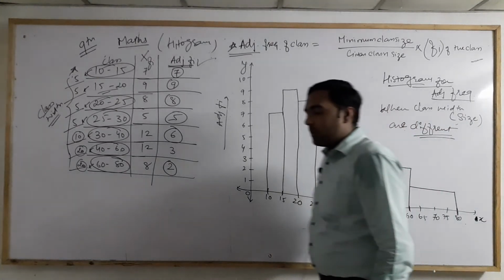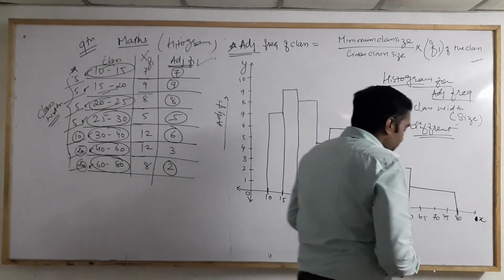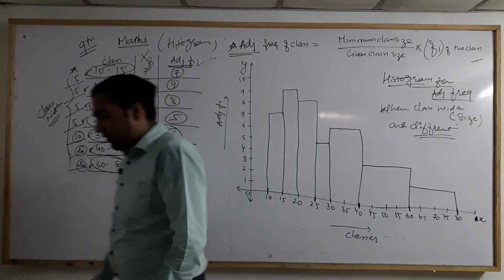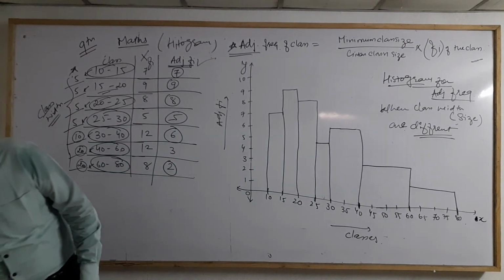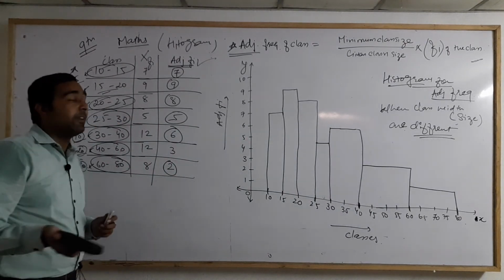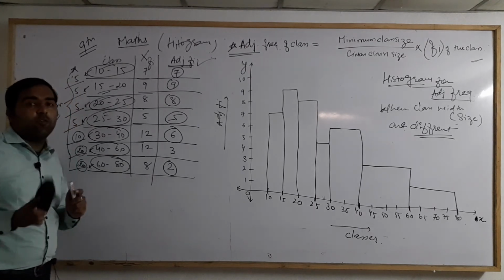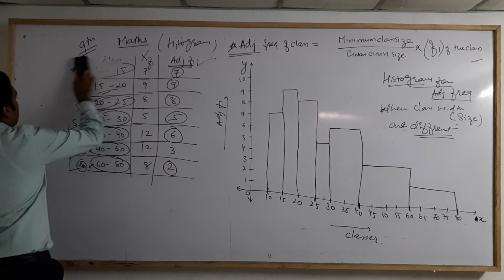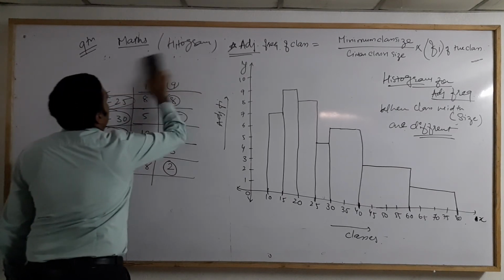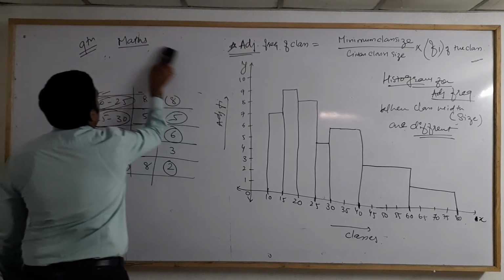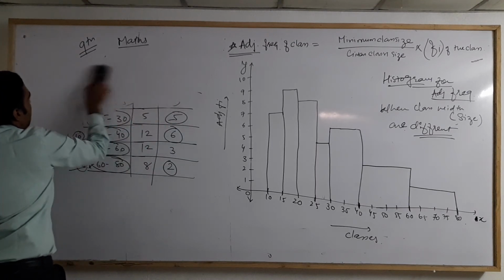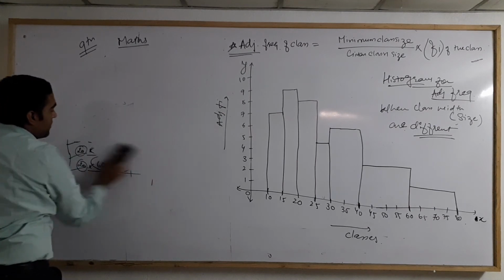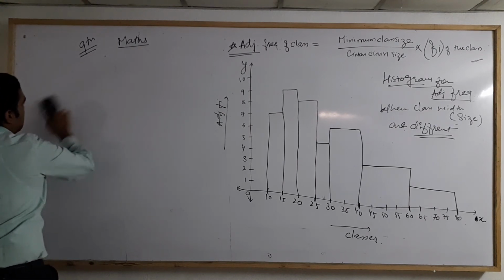Okay, students, now we are learning about central tendency. We are moving to central tendency in the next class. Now we are moving to the frequency polygon. Frequency polygons are drawn in two types: one with the histogram and one without the histogram.